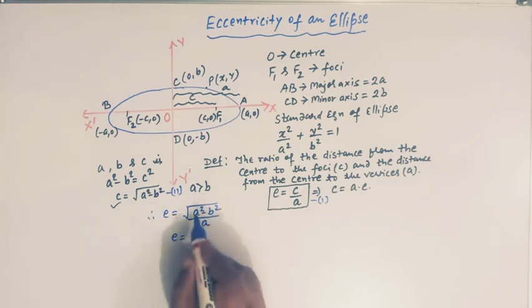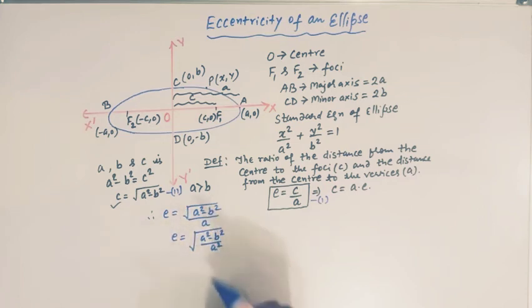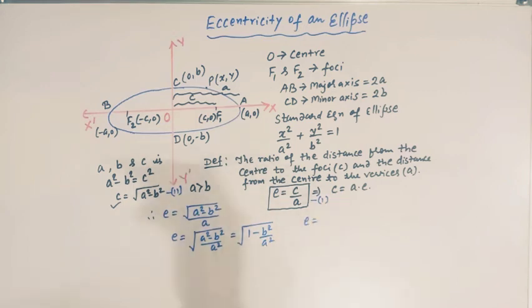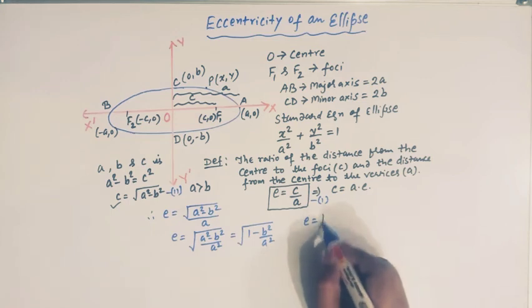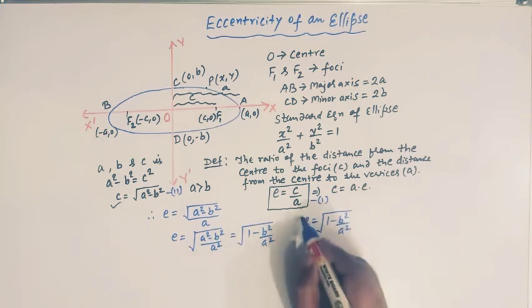This can further be written as the square root of (a squared minus b squared) over a squared, taking this a under the square root sign. This simplifies to the square root of 1 minus b squared over a squared. So the expression for the eccentricity of the ellipse is the square root of 1 minus b squared over a squared, right?